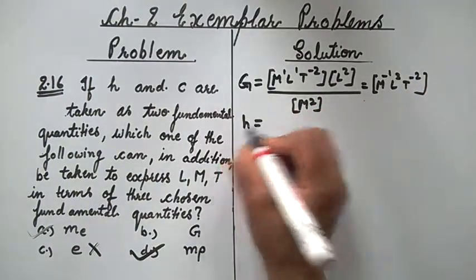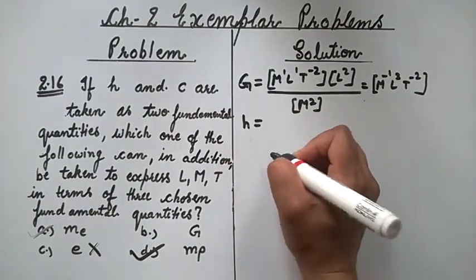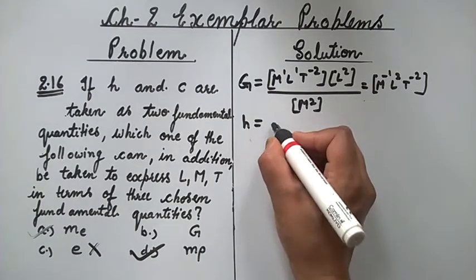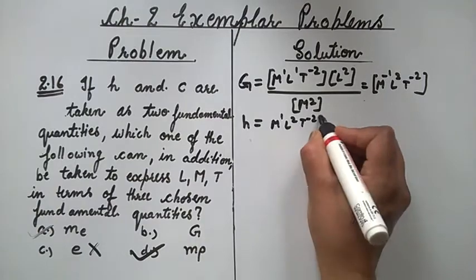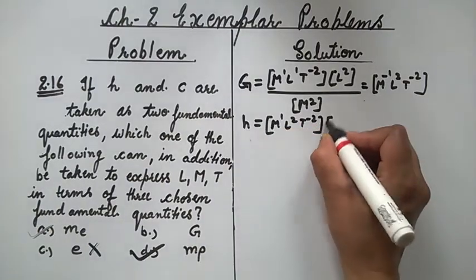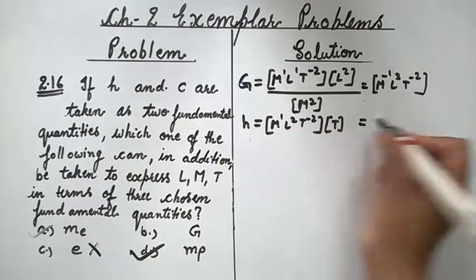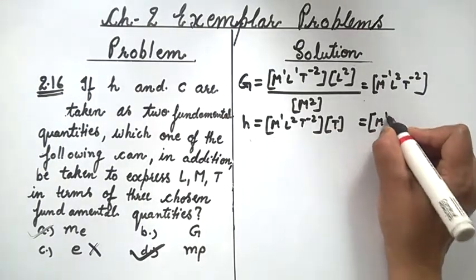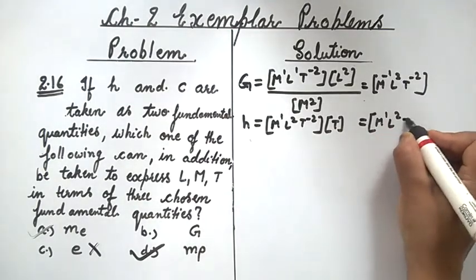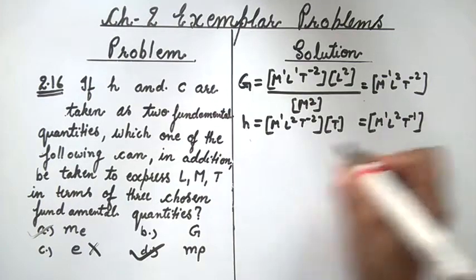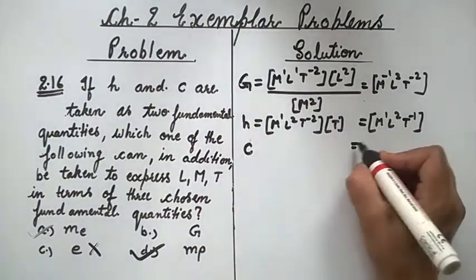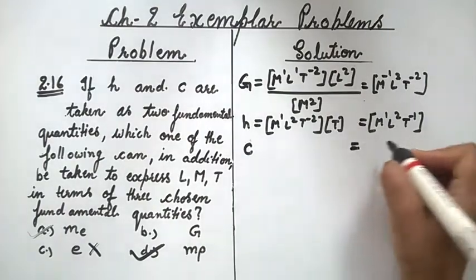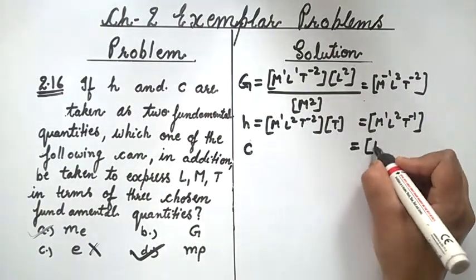The dimension of Planck's constant is energy by frequency. The dimension of energy is m1 L2 T minus 2 and frequency is 1 by T, that is into T. So it is equal to m1 L2 T minus 1. The dimension of velocity or speed of light is L T minus 1.